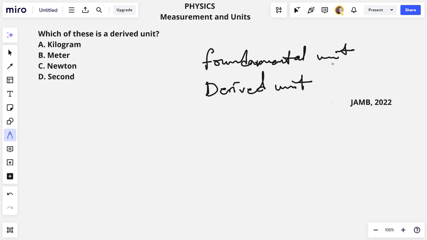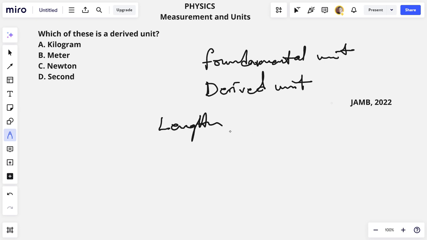So fundamental units are the units that form the basis of other units. That means you cannot split them lower than what they are. You cannot find another type of unit in them. Take for instance, let's look at meter here. Meter is the SI unit for measuring length.